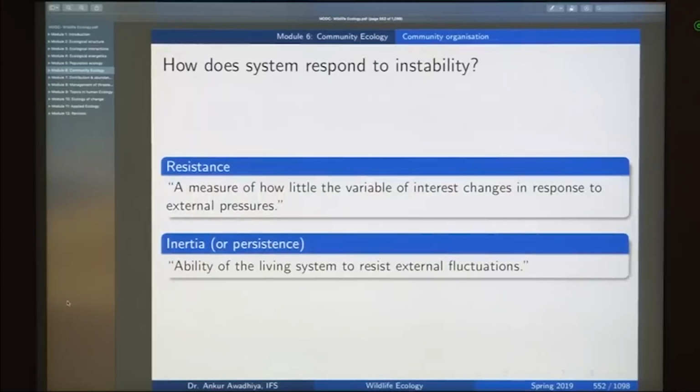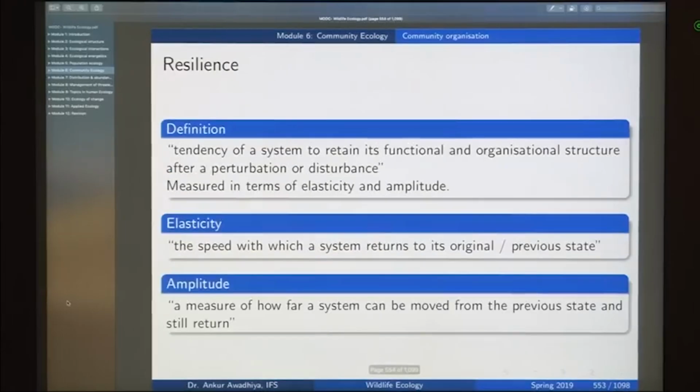And how does a system respond to instability? You have resistance or inertia, which is the ability of the living system to resist the external fluctuations, or you can have resilience, which is the tendency of a system to retain its functional and organizational structure after perturbance or a disturbance. So, in the case of resistance, the community is not changing.